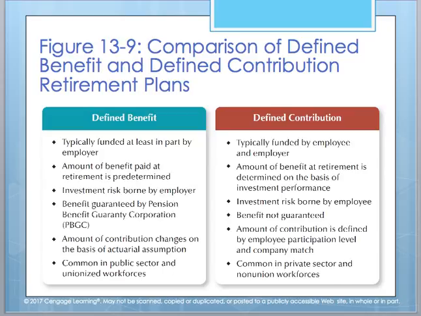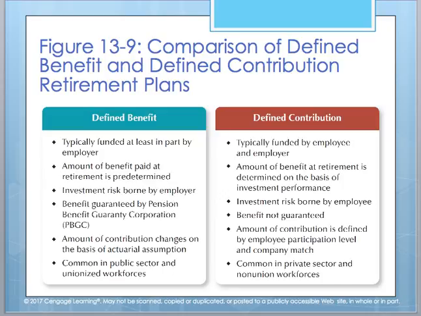The defined benefit is guaranteed by the PBGC, which is the Pension Benefit Guaranty Corporation. But under a defined contribution, your benefit is not guaranteed, right? Because it's an investment that is based on the performance of how well it's doing on the market.